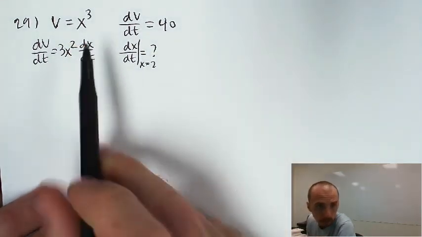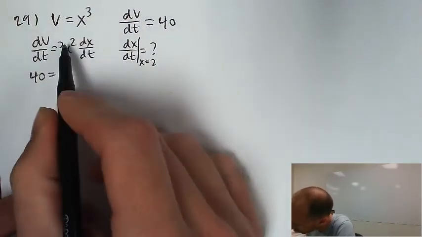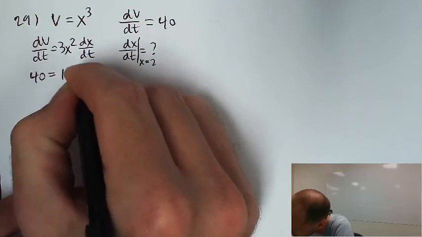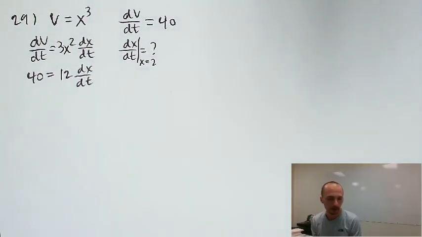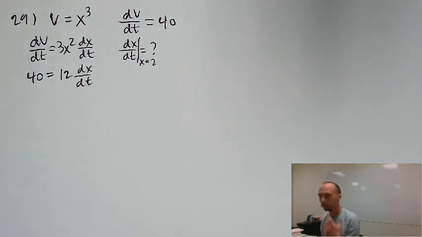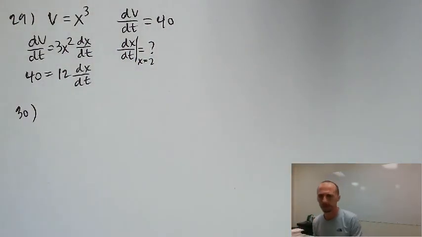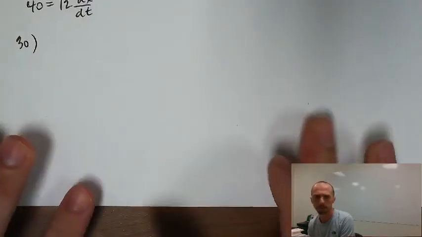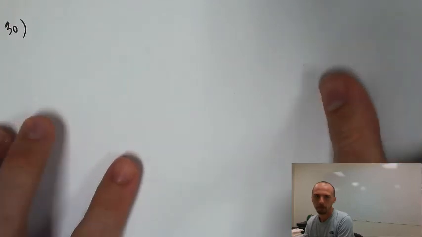And, well, I'm just going to plug in everything. I got 40 equals 3 times 4 is 12 dx/dt. So dx/dt is 40 divided by 12, which is going to be 10 over 3. Kind of odd that 10/3 was a correct answer twice in this problem set, but whatever. You don't want to look too deep into that, right?